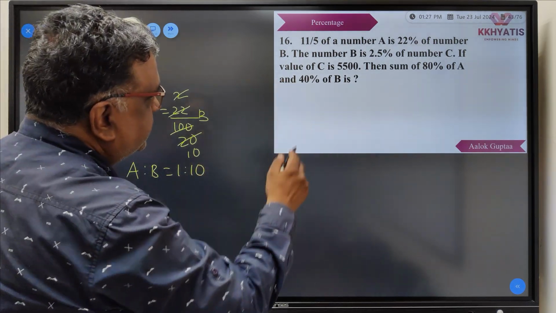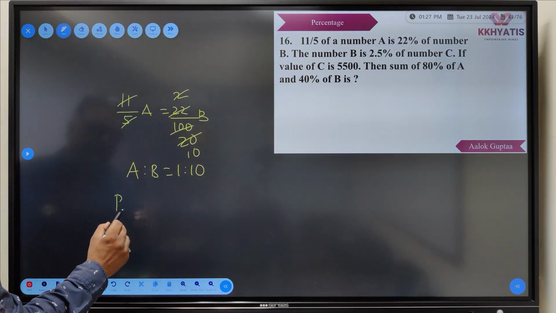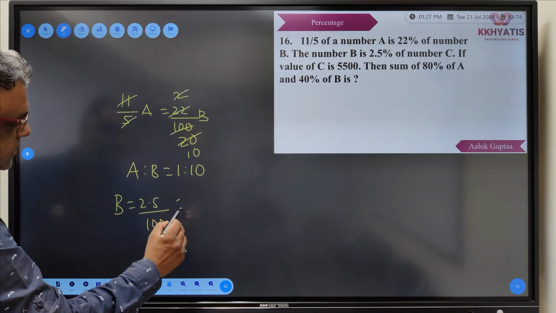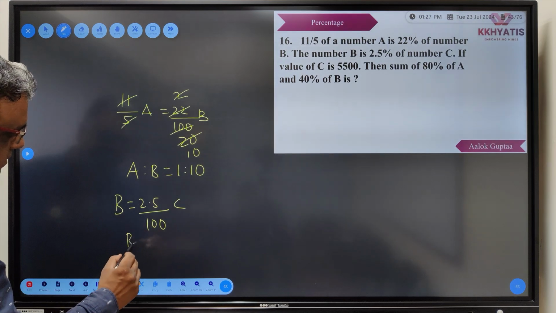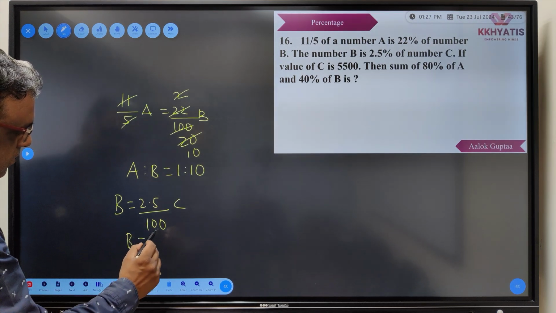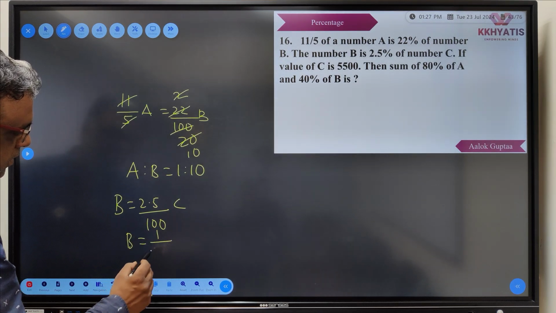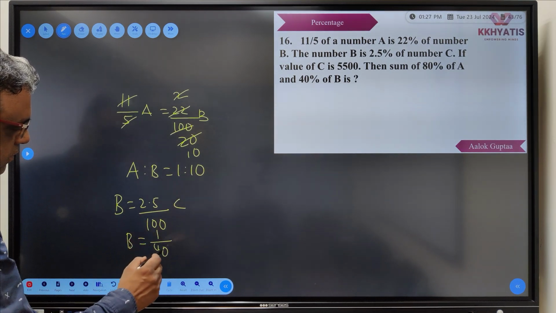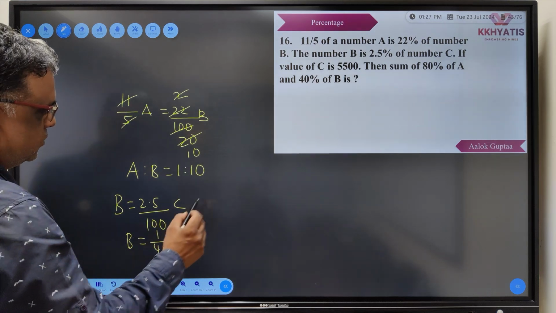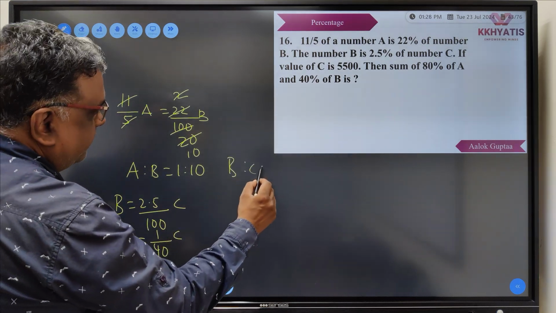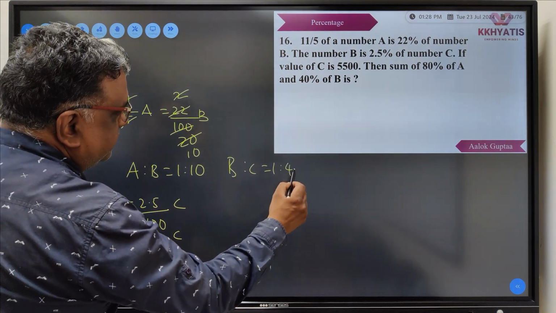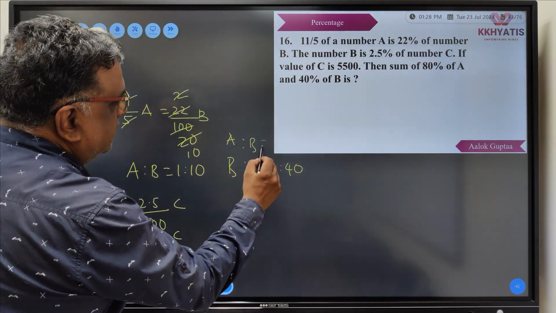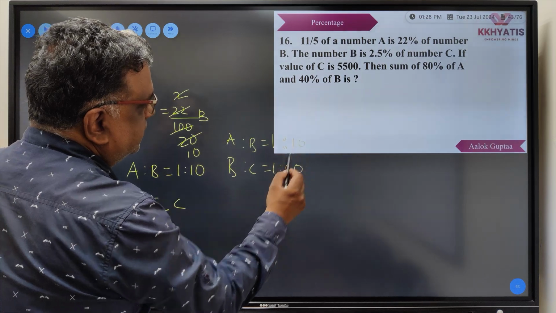And the second equation given is number B is 2.5 upon 100 of C. So B is 1 upon 40 of C. So the ratio of B is to C is 1:40 and A is to B I got as 1:10, correct?